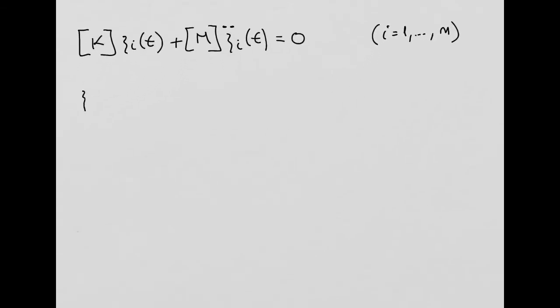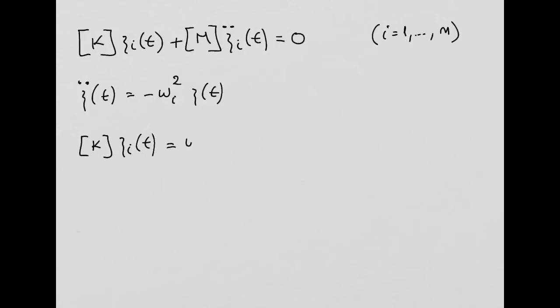If I replace now in these equations the second derivative of my function phi i, which is minus omega i squared times my function phi i(t), I will have a system which is the stiffness matrix, K, times phi i(t) is going to be equal to omega i squared.